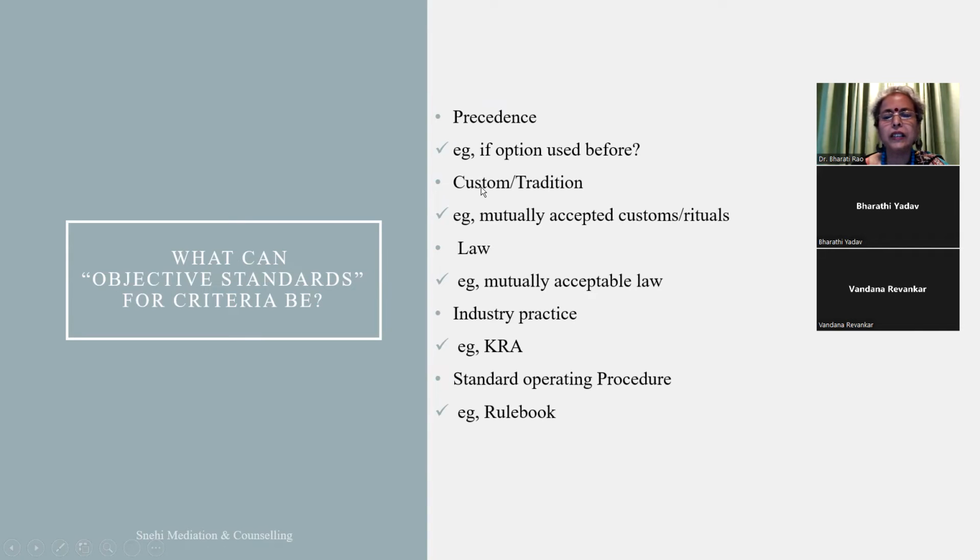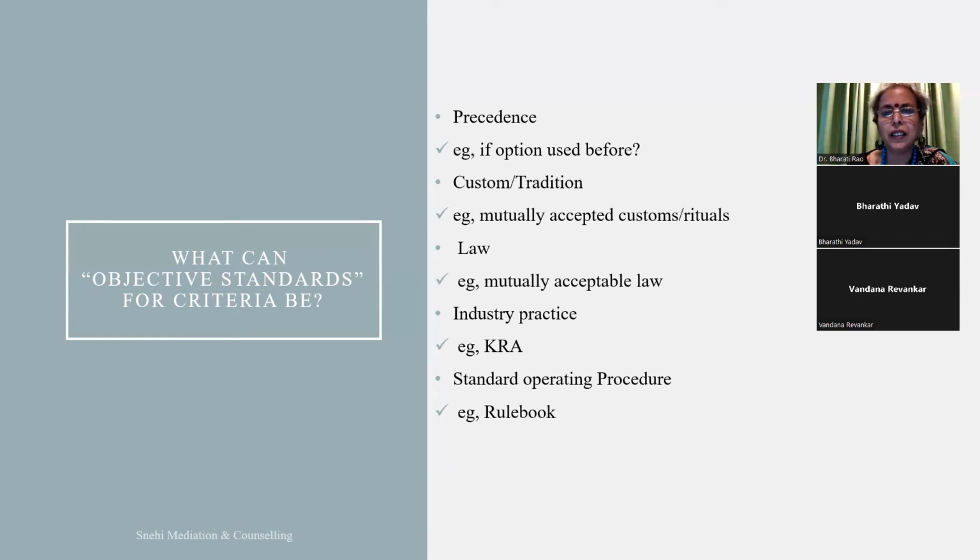Now let's look at the custom and tradition part. Let's presume we have an example of two people into a dispute, a matrimonial dispute. They want to separate, and the woman wants the bride wealth that is given by way of jewelry and so on to be given back to her when she is separating. Again, I'm not familiar with the laws and all that.